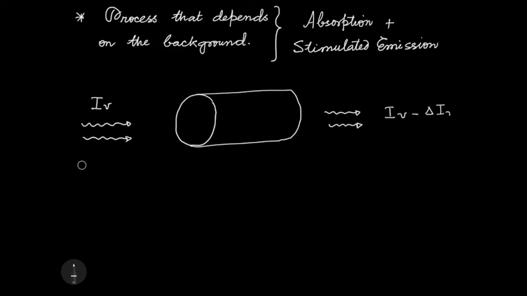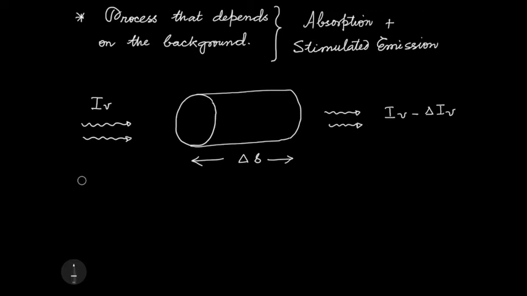And because we are talking about absorption, there is a little bit lost in the medium. Okay, so the change is negative, if you wish. The output minus the input is negative, which is minus delta I nu. And again, just like before, let us consider that this distance is delta S.